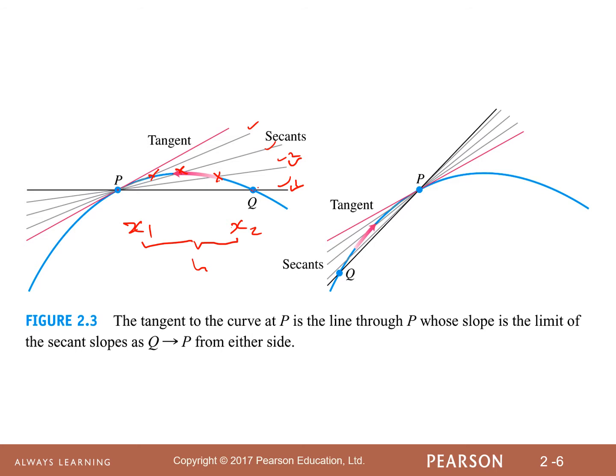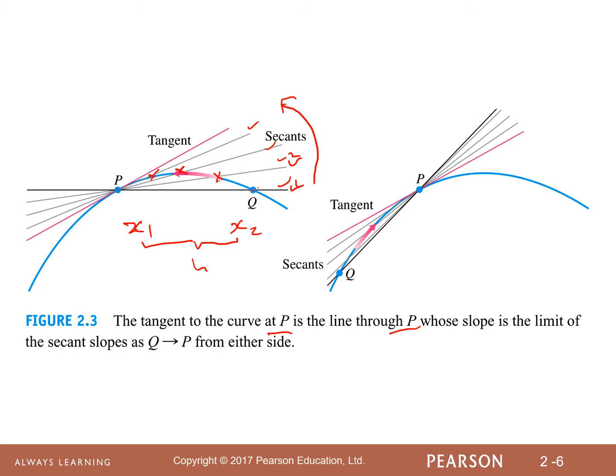So the tangent to the curve at P is the line through P, okay? So it's going to go through this point P, the tangent. The tangent is in red, okay? Whose slope is the limit of the secant slope. See, the slope of the secant keeps changing as you move that way, because the slope is the opposite divided by the adjacent, right? So it keeps changing. At which rate?